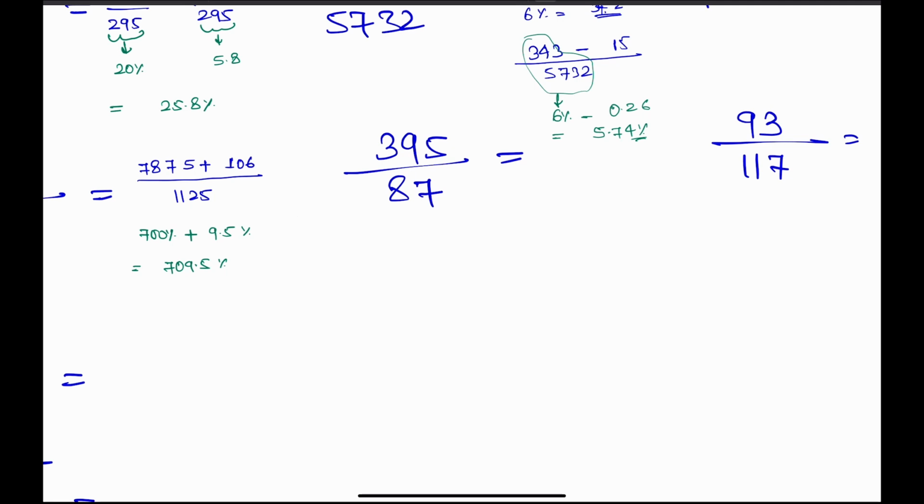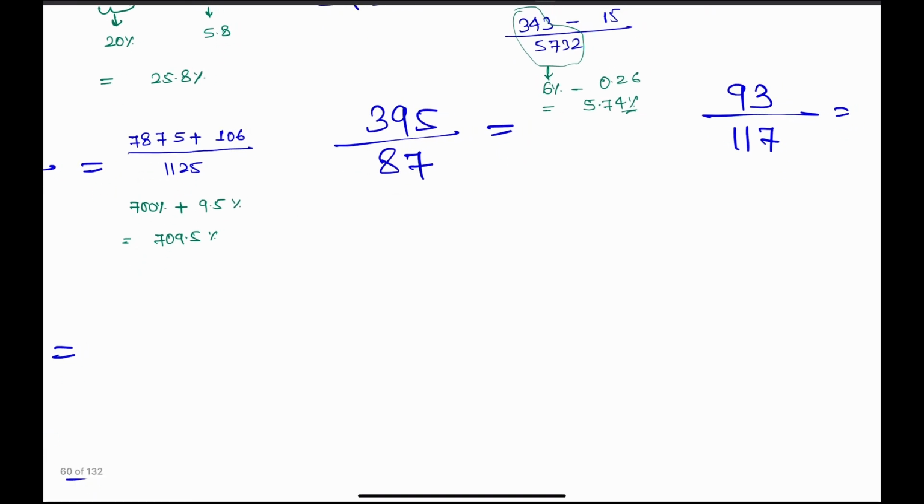This one is going again 5 times. If I just check, so 35, 43 minus 395, 5, 40 upon 87.